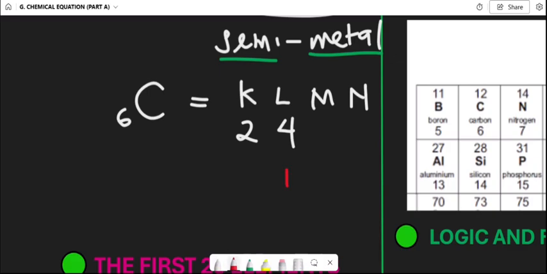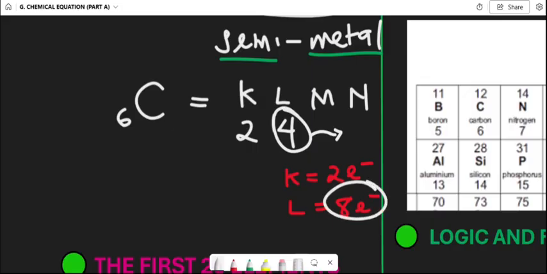The K shell can only accommodate 2 electrons, while the L shell can only accommodate 8 electrons. So it's either carbon completes its structure by giving out the 4, or completes the structure by gaining 4 to complete 8. So you can see that carbon can either give or receive.